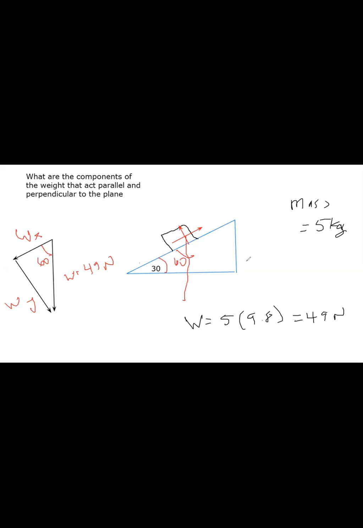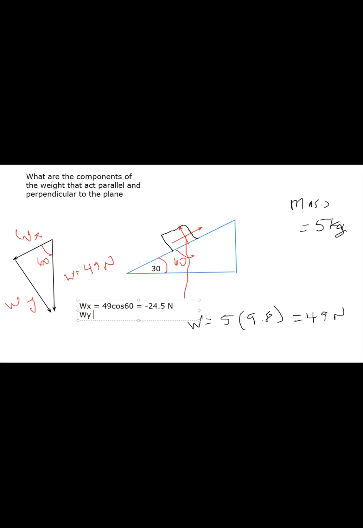So to find the horizontal and vertical components of the weight on an inclined plane, Wx equals mg cosine theta. I don't know how to make an angle in here, I'll just write it out. 49 cosine 60, which equals 24 and a half. And it's negative, it's down the plane.